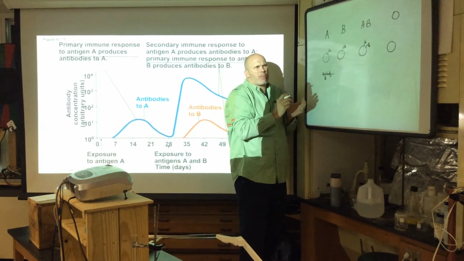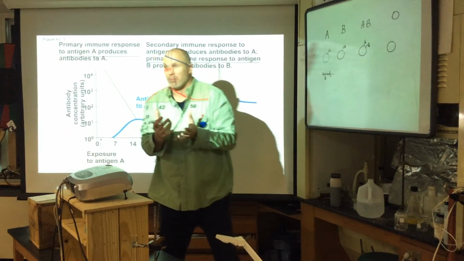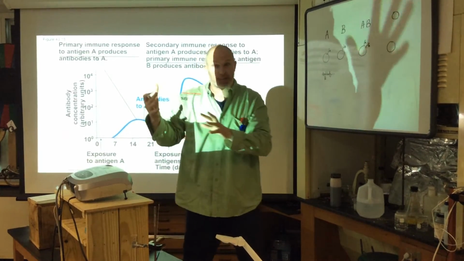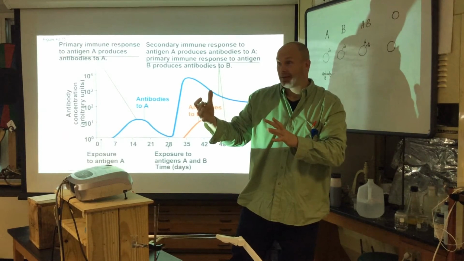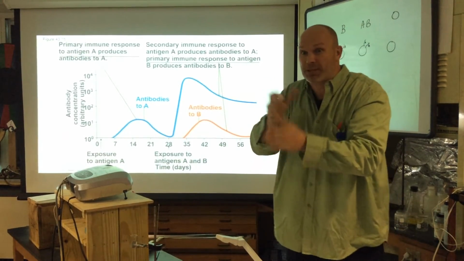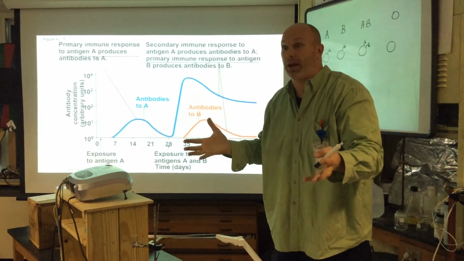Wait a minute. Why would we produce antibodies for B when we're A? Because we produce B cells and T cells that, just by chance of DNA replication and cutting up and resplicing, have receptors for any possible encounter.